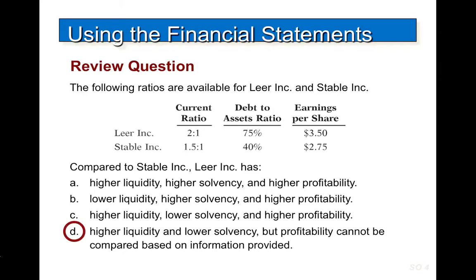The correct answer is D, higher liquidity and lower solvency, but profitability cannot be compared based on information provided.